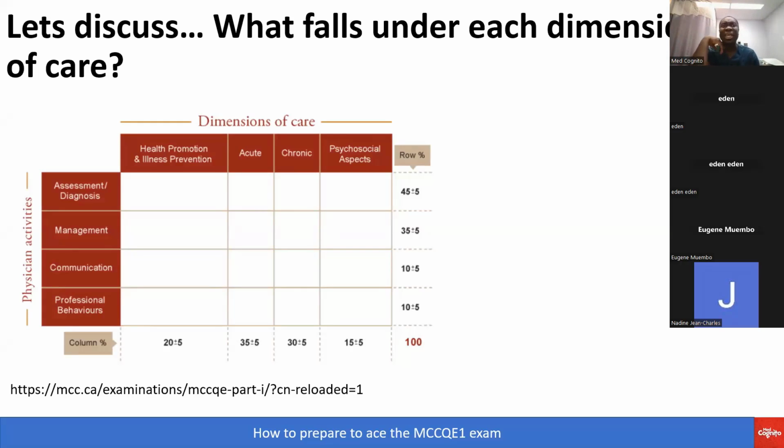You may want to let the driving licensing unit in your province know about it, because this patient may be a high-risk patient on the road, right? So you realize that diabetes is not diabetes alone. If you look at it in the context of the dimensions of care and efficient activities, assessment and diagnosis, you have to learn how to diagnose diabetes, how to diagnose hypoglycemia, how to diagnose diabetic ketoacidosis.